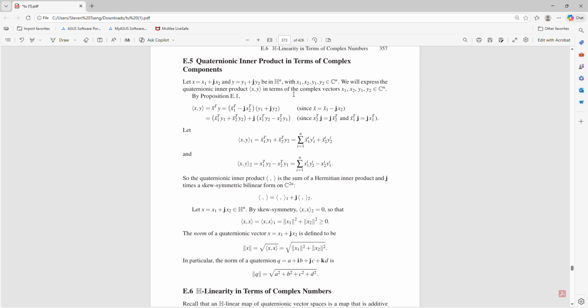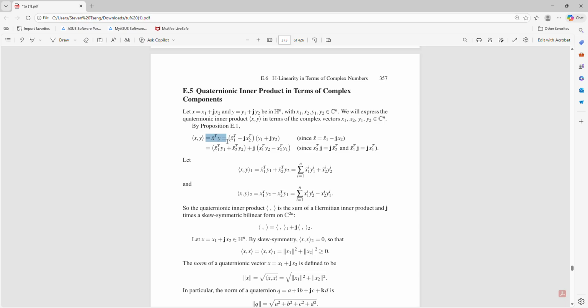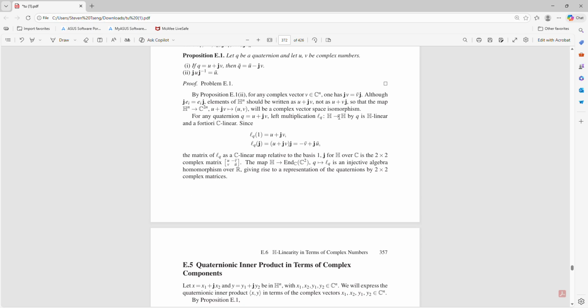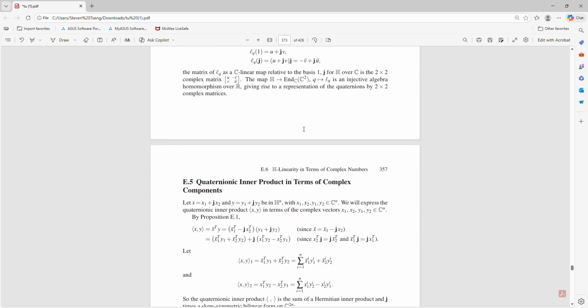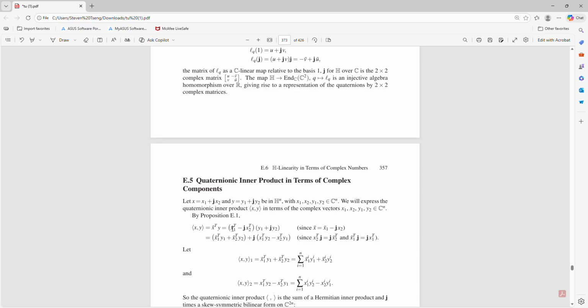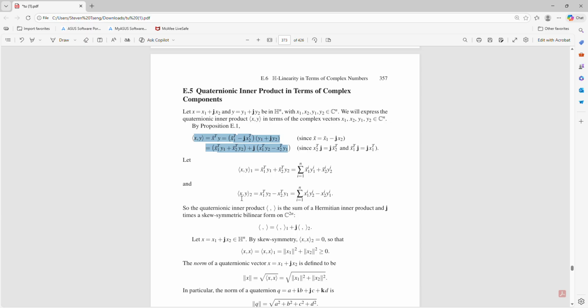In the last section we talked about the inner product of quaternion numbers, and now we redefine it by the complex form of the quaternion number, and we can write it like this.